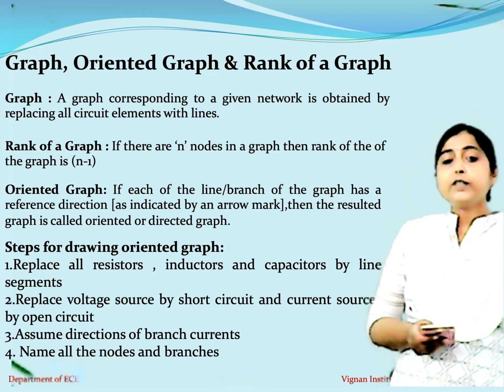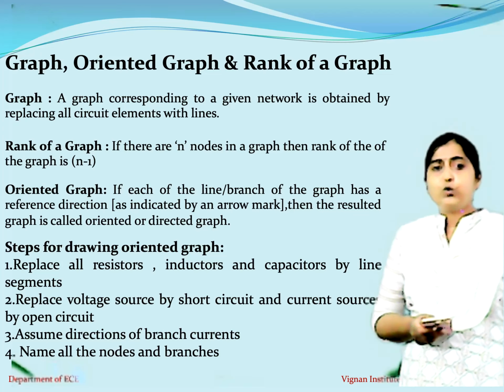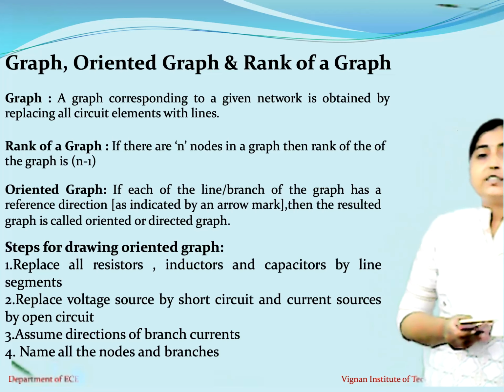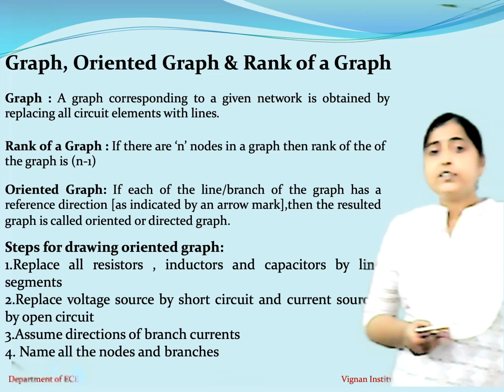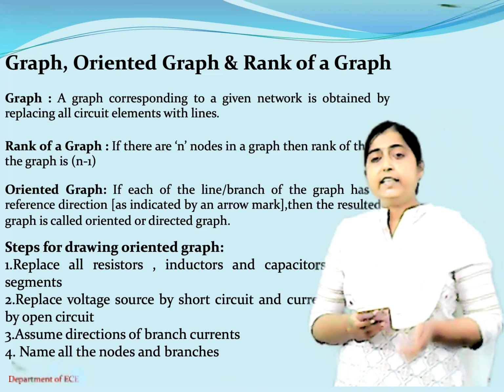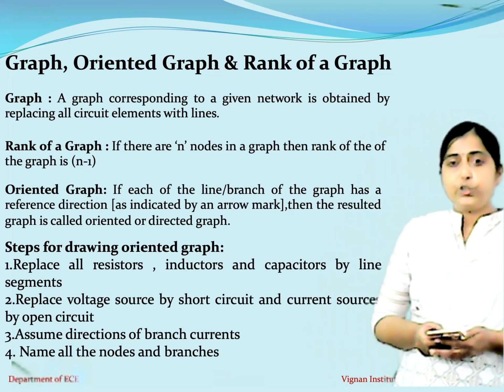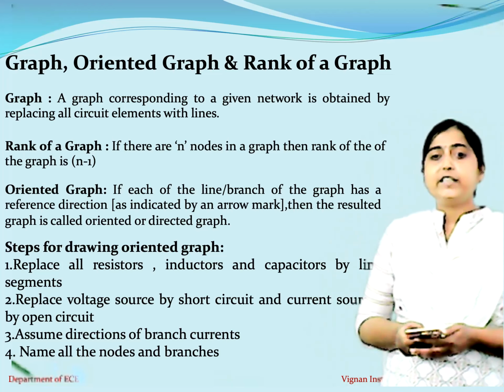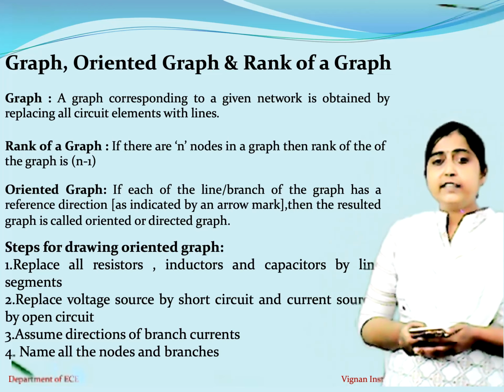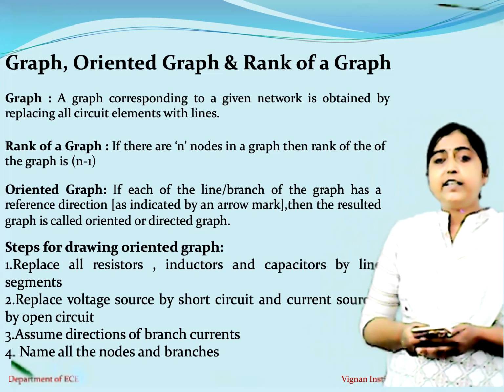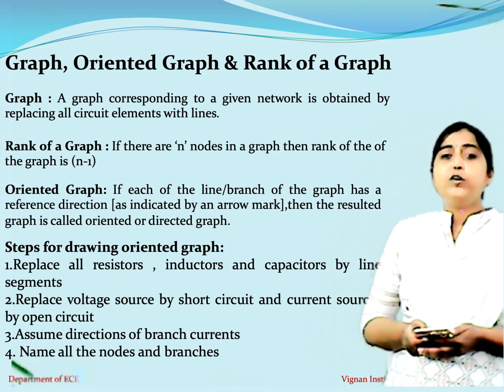Next, in step 2, and this is very important, replace all the voltage sources in the network by a short circuit. That means it has to be replaced with a line. Whereas the current sources in the network have to be replaced by an open circuit.